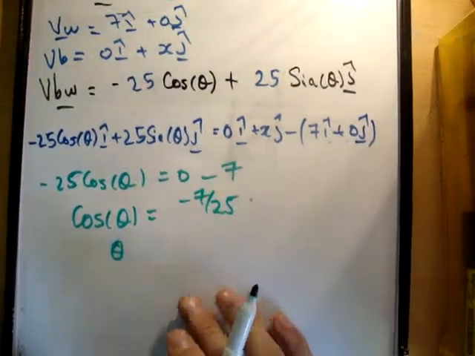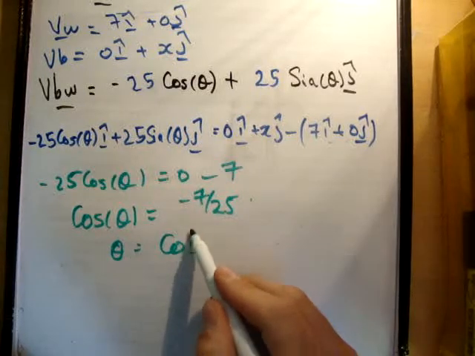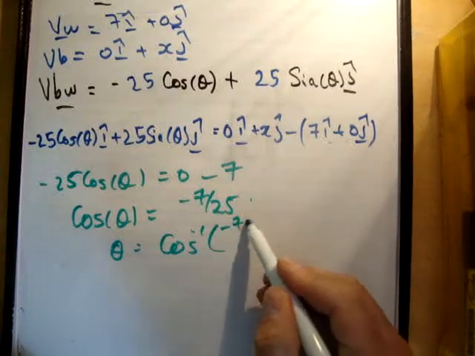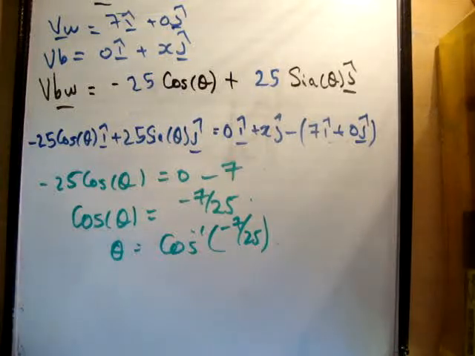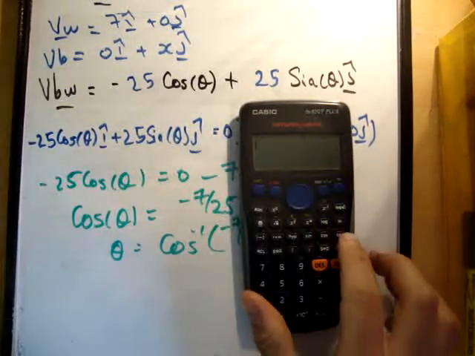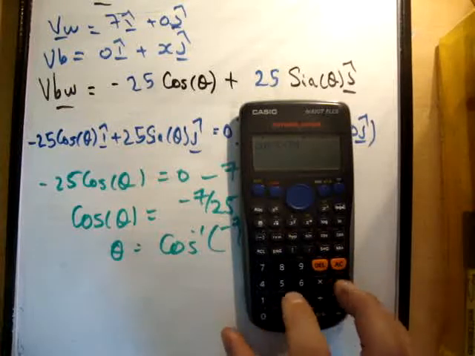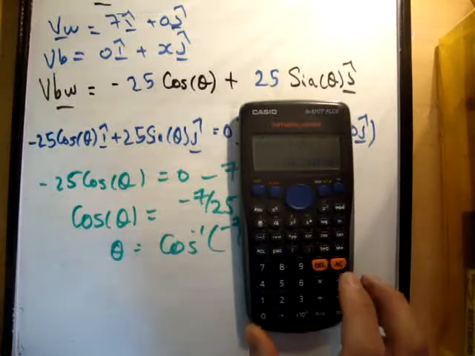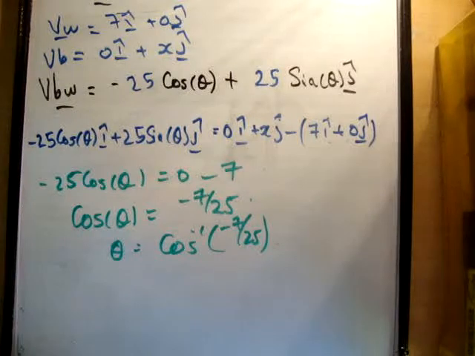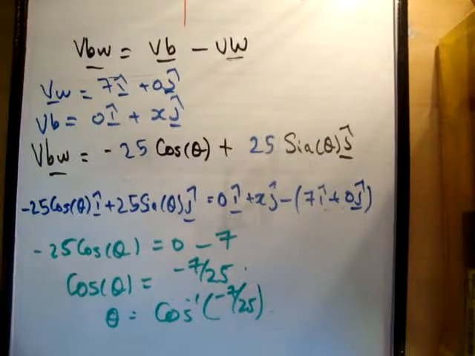Therefore theta is equal to the inverse cos of negative 7 over 25. So let's plug that into our calculator. Shift cos for inverse cos, negative 7 divided by 25, and we get an angle of 106 degrees.